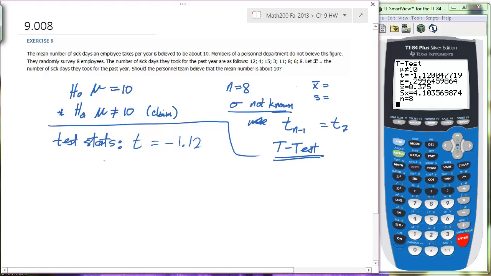Our p-value is a whopping 0.2996, and compared to, well, we don't have a critical value or a significance level.